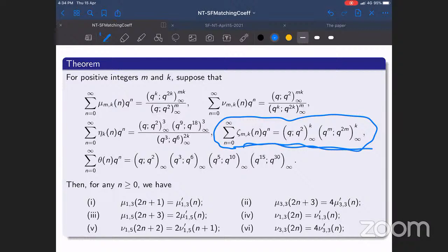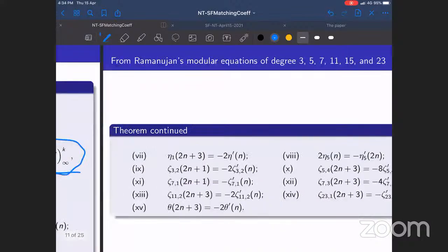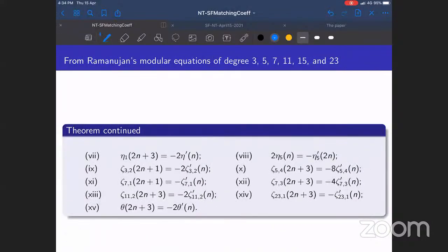Okay, that means we denote by zeta m k. So therefore, there are some results on zeta. So this is coming from degree 3. This is coming from degree 5. This is from 7 that I have just stated or proved, and this is coming from taking the cube of the earlier results.